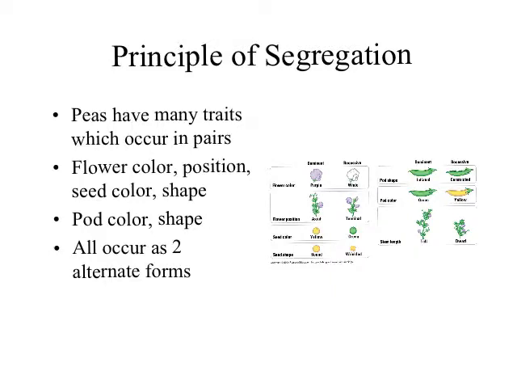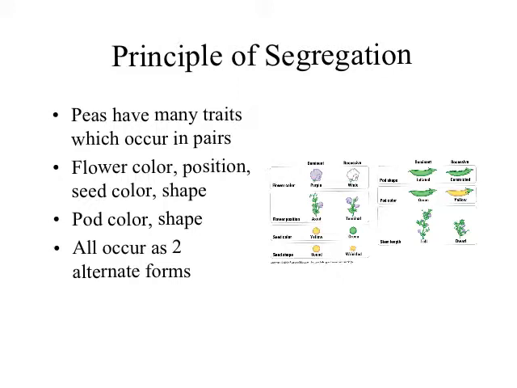It's also important to point out that peas are going to have many traits that actually occur in pairs. So you know how in humans we've got brown hair and black hair and blonde hair and red hair and combinations of those, and dirty blondes and towheads versus regular blondes, stuff like that.